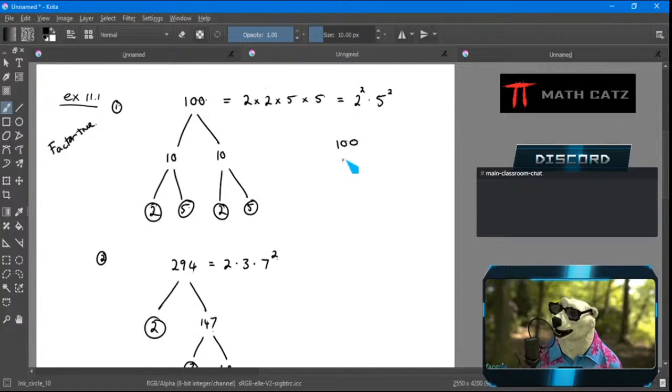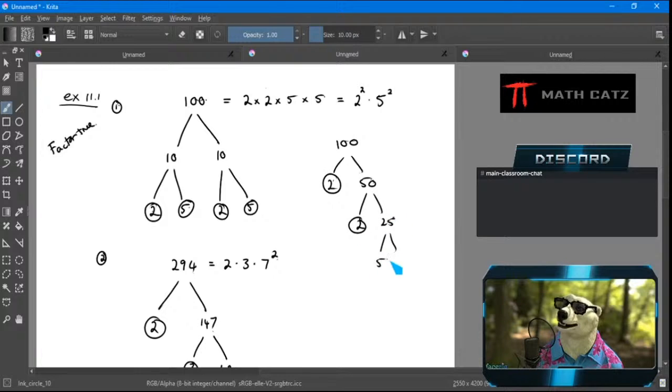Here I could have said it's 2 times 50 for 100. 2 is an end node, we call it. Then 50 is 2 times 25, and 25 is 5 times 5. So my tree might look different, but I still get 2 2's and 2 5's. It doesn't matter what the tree looks like.